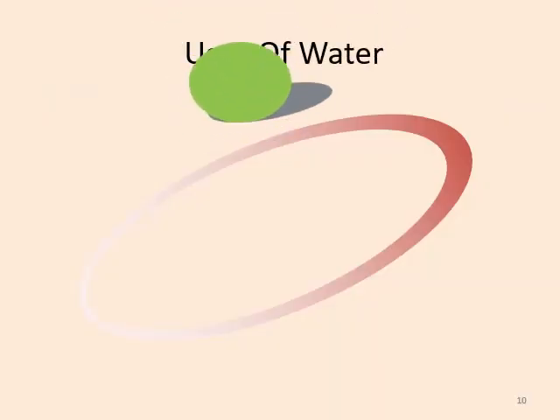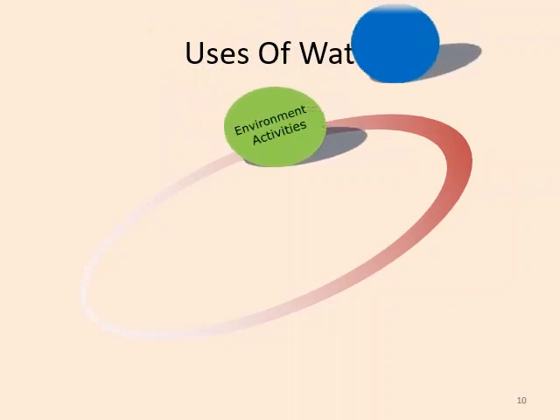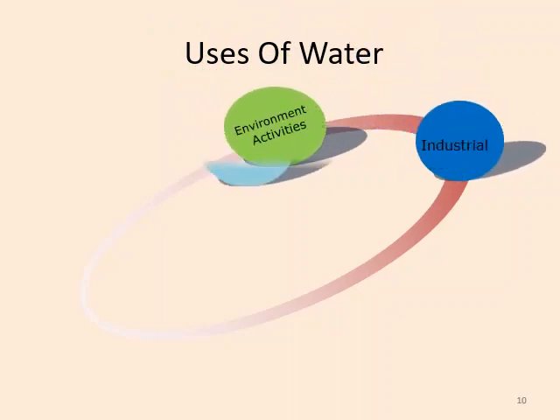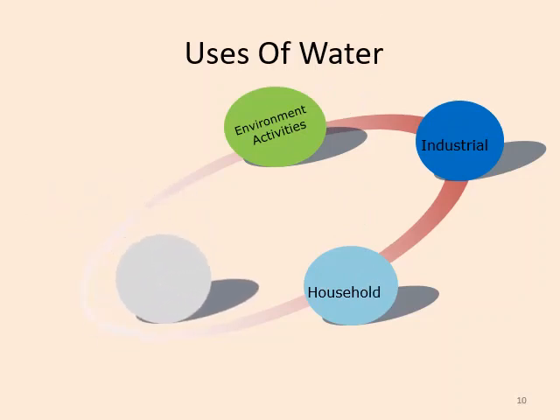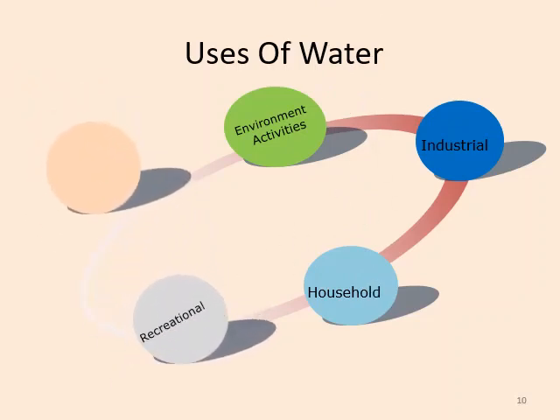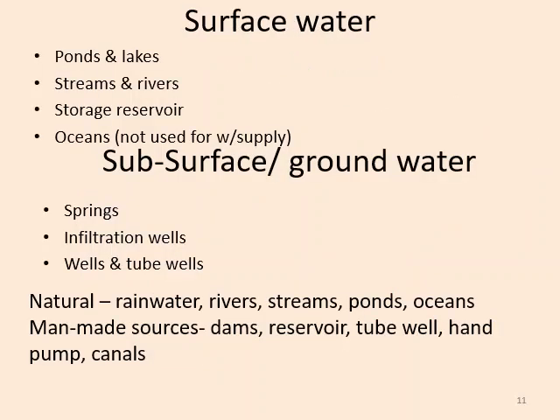So the basic uses of water are first for household activities, for domestic purposes, for industrial uses, some environmental activities, or for agriculture or irrigation, and some portion for recreational purposes also. So surface water we can get from ponds and lakes, streams and rivers, storage reservoirs, oceans, but not used for water supply purposes.